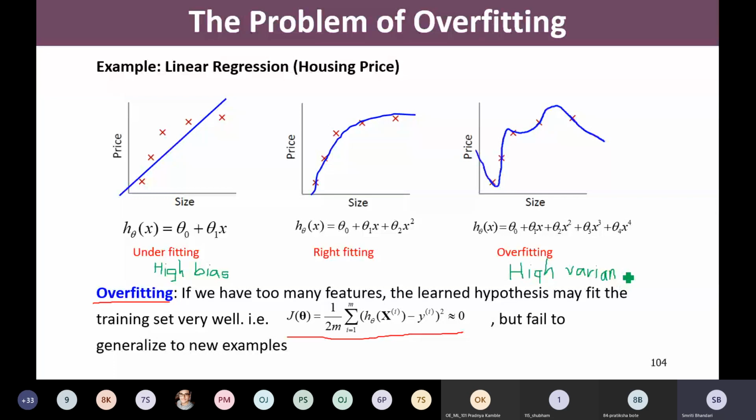Variance means, whatever training data set we have, we are able to fit a model very appropriately.